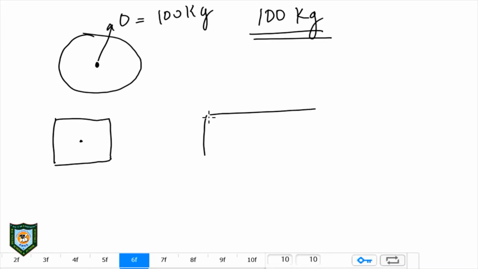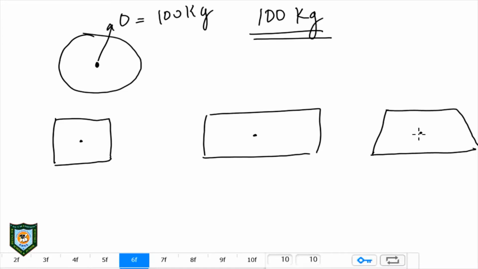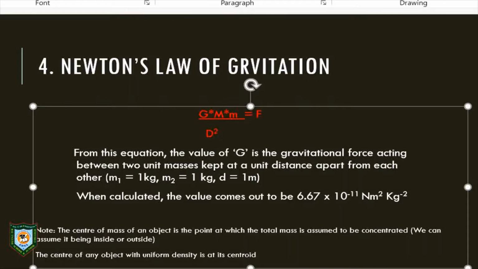If I take the case of a rectangle, the mass will be at the center, and so on. If you take a trapezium, the mass will be at the center of the trapezium, somewhere here. If you take a pentagon, again the mass will be somewhere here. So you all get the point, that the mass that is allotted to the object is assumed to be at the center of the object.